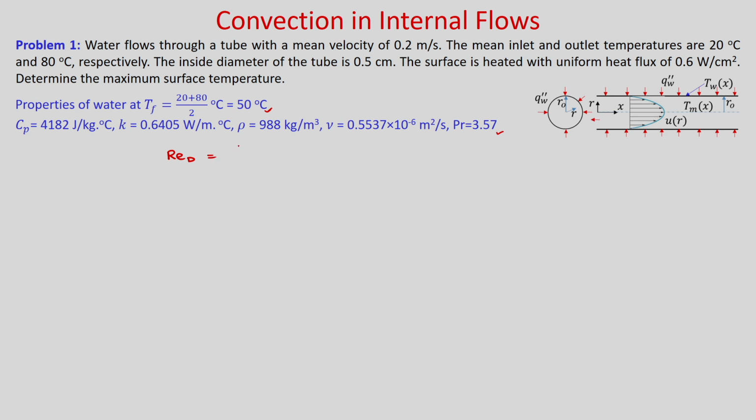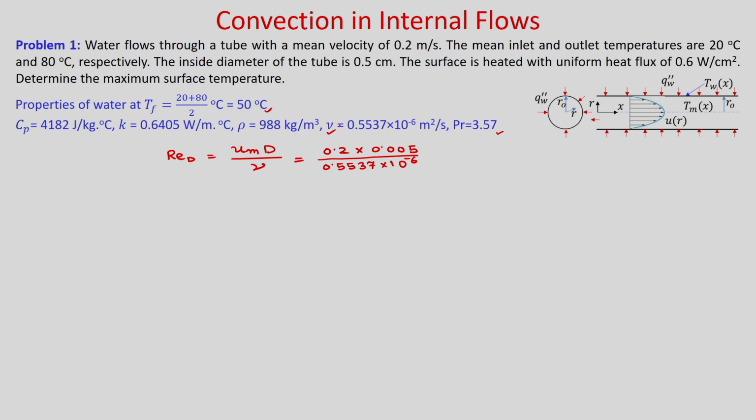Okay. So, this is your U mean into D divided by nu. So, Um is given as 0.2 meter per second. So, it is 0.2 into the diameter, which is 0.5 centimeter, so it is 0.005, okay, divided by 0.5537 into 10 to the power minus 6.